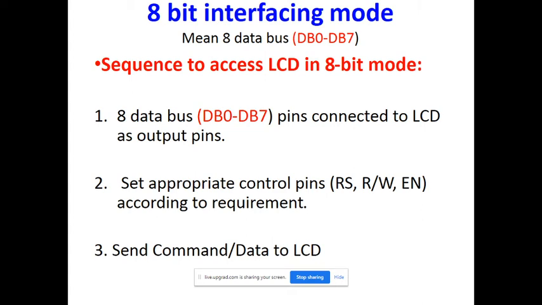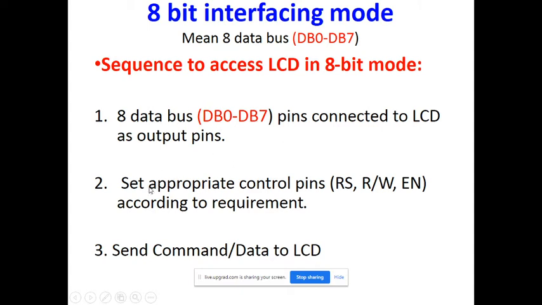Now there are two ways of configuring the LCD, that is 4-bit configuration or 8-bit configuration. First we will discuss the 8-bit configuration. In the 8-bit configuration, first 8-bit data is placed on the pins D0 to D7.